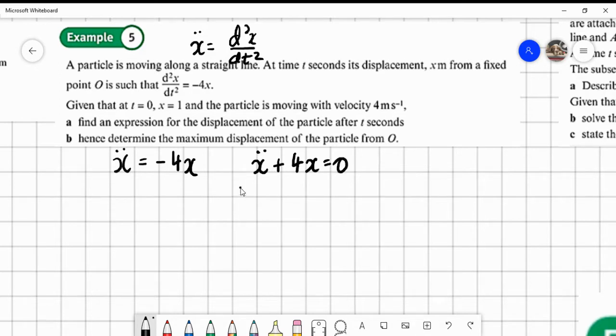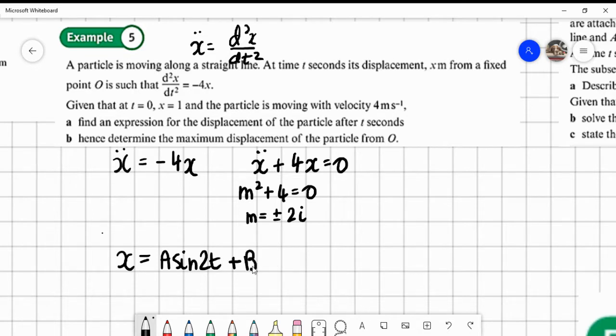The auxiliary equation is going to be m squared plus 4, which gives us m is equal to plus or minus 2i. Therefore, we are looking for the expression for the displacement, so we're looking for x, so that's why we are solving it. So there's no real part, so no e, and it's going to be a sine 2t plus b cos 2t.